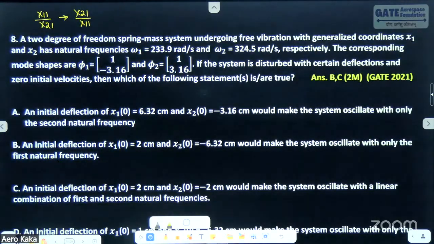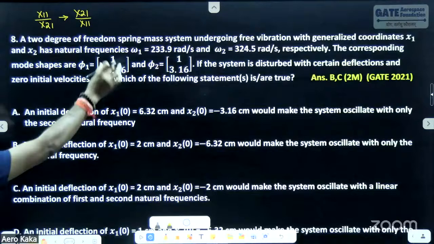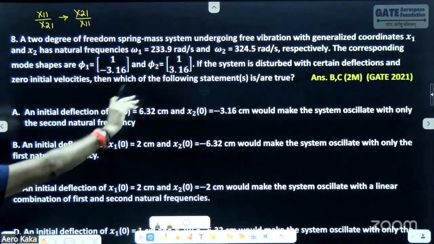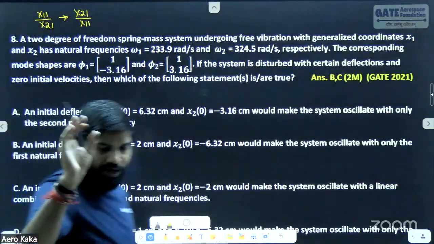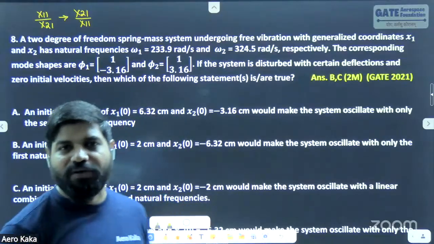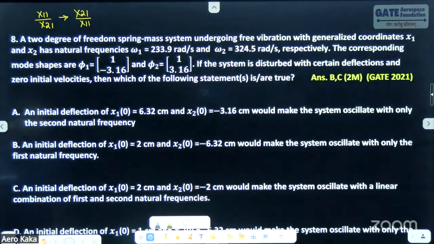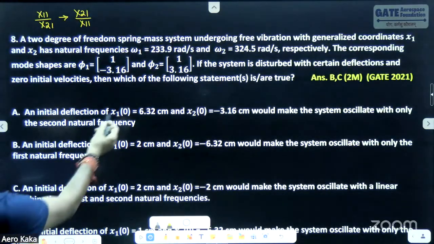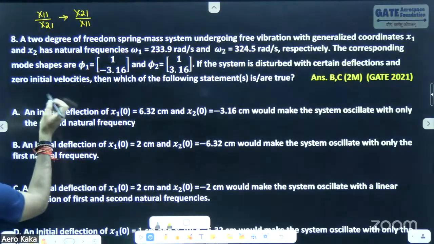Take care which ratio you are taking. If you are writing x21 by x11, then you have to compare this with x20 upon x10. That's the only difference. So in this case, what is convenient for us to calculate? x10 is given 6.32. Take it the same as it is.